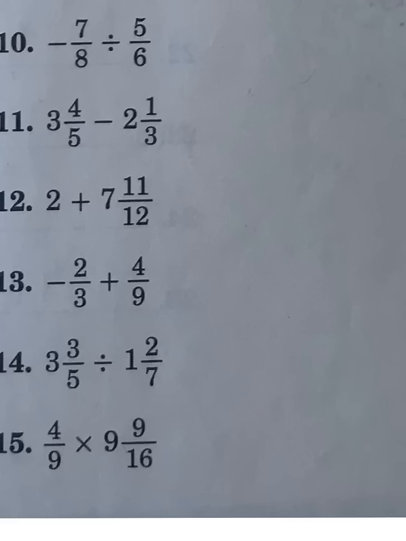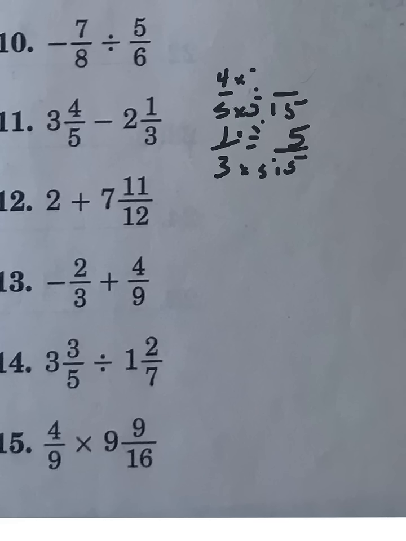For the next problem, 3 4/5 minus 2 1/3, you need to set it up to show your work. Not going to worry about the 3 and the 2. Just going to set up 4/5 and 1/3, find a common bottom number, which is 15. So 5/15, and 4/5 times 3 is 12/15.